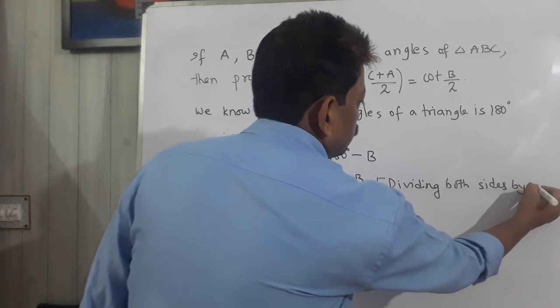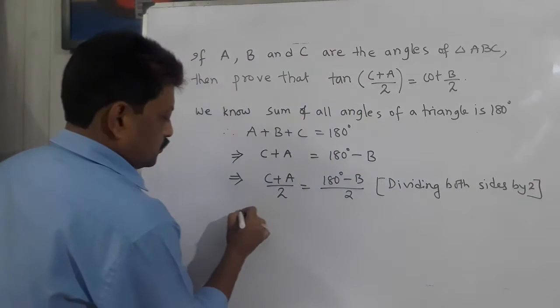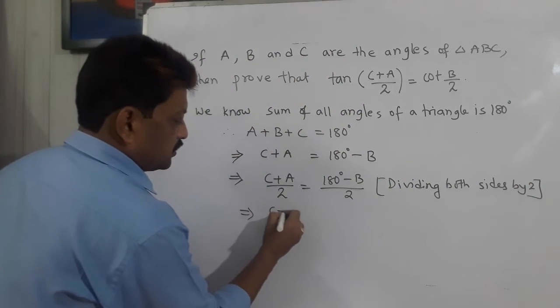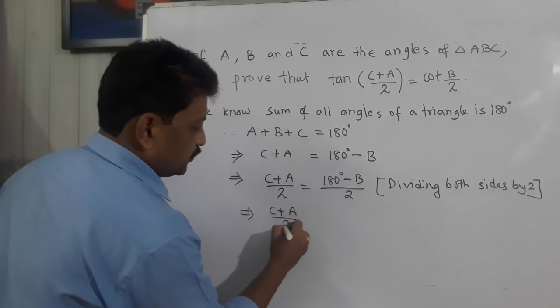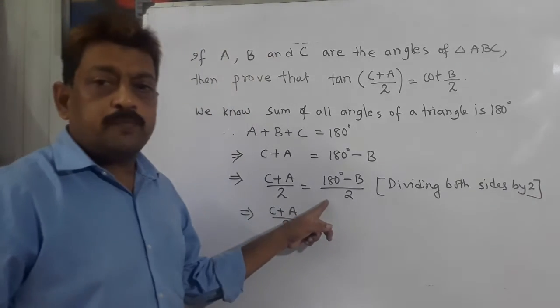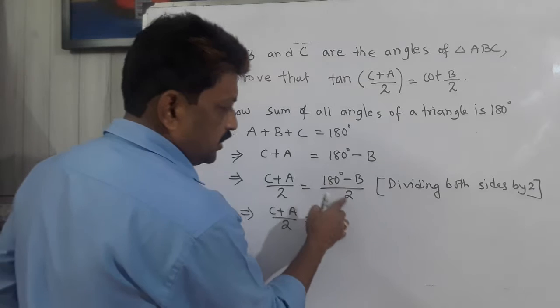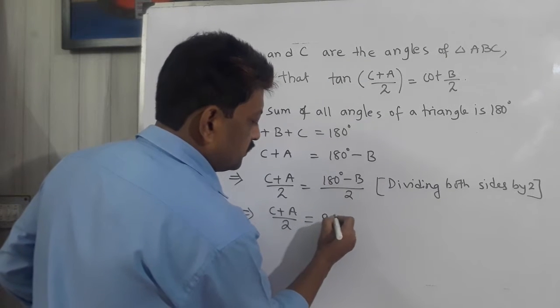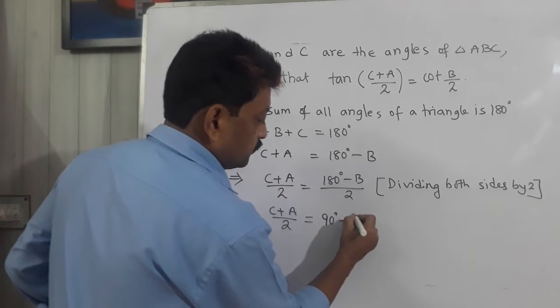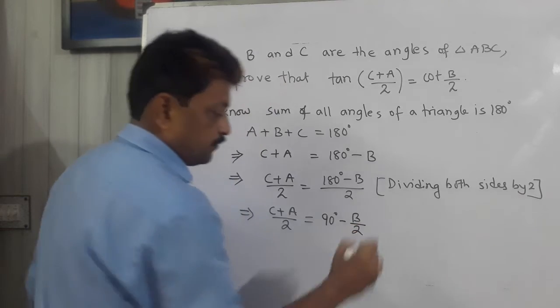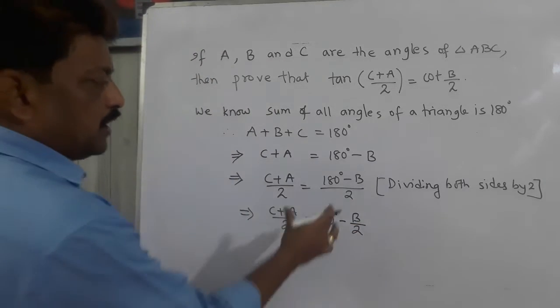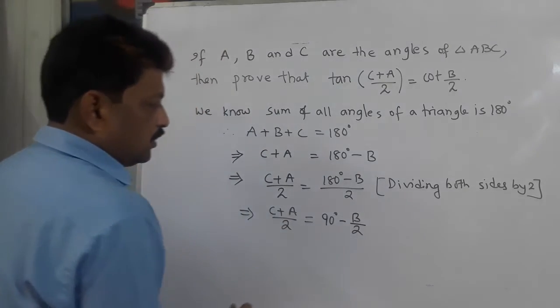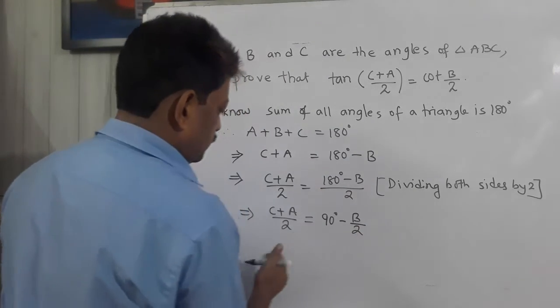Now let us split this into two parts: 180 upon 2, that is 90 degrees, minus B upon 2.